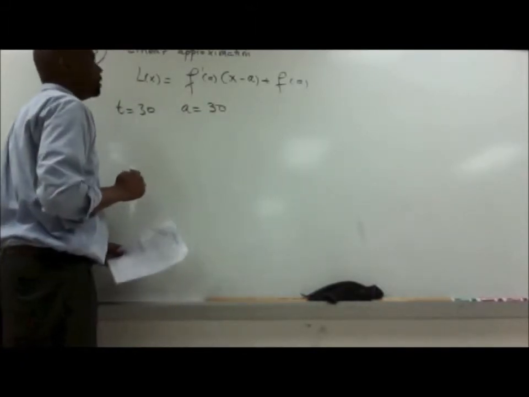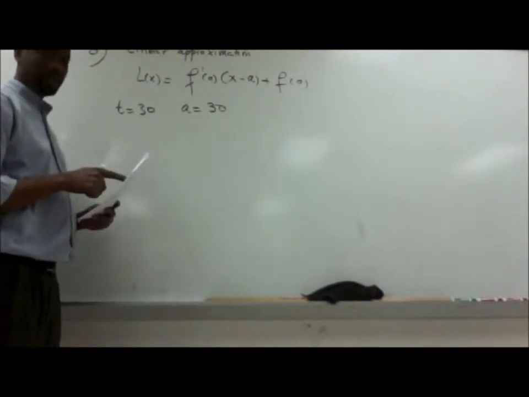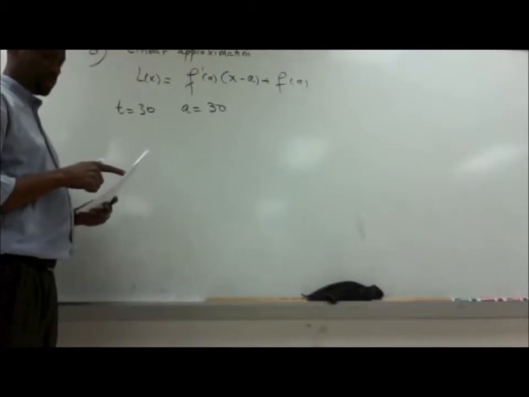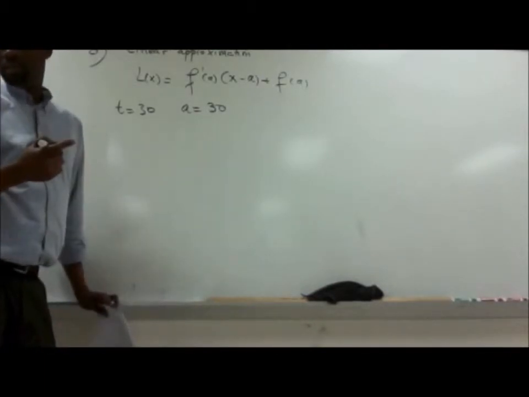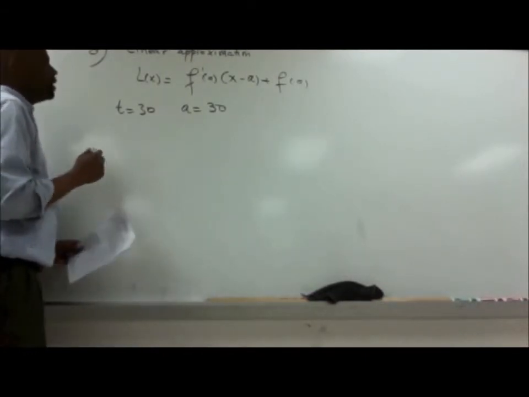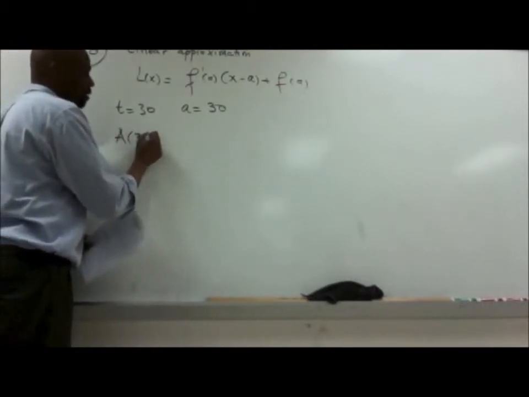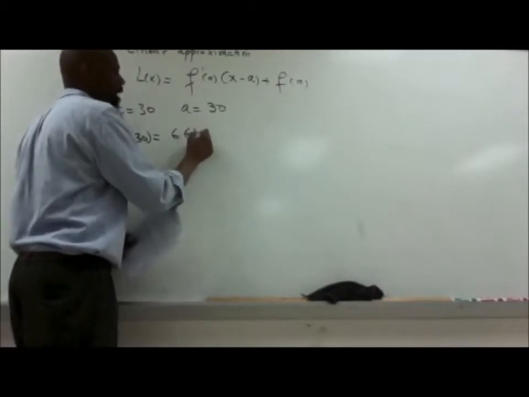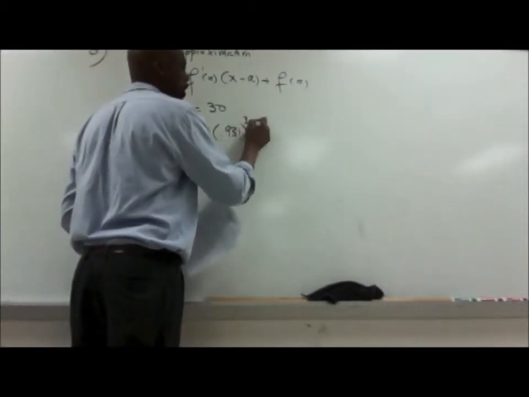It says t equal to 30. No, my mistake, put 30. So you're going to find A of 30, which is 6.687 times 0.931 to the 30.